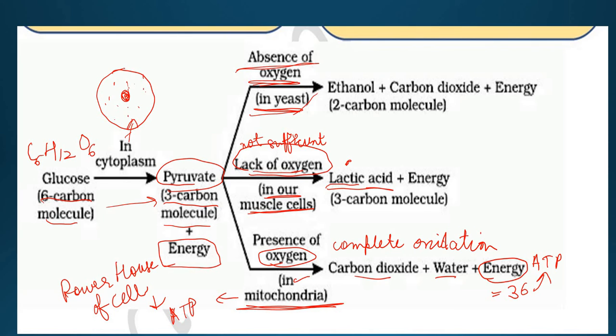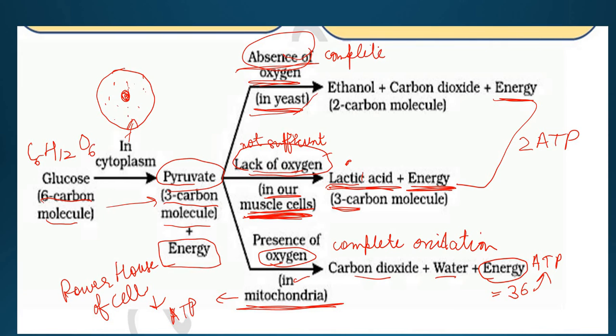There could be breathing problem and there is lack of oxygen, and in that case in our muscle cells there is a lot of pain due to the formation of lactic acid and energy is produced. And in this case only 2 molecules of ATP are formed.